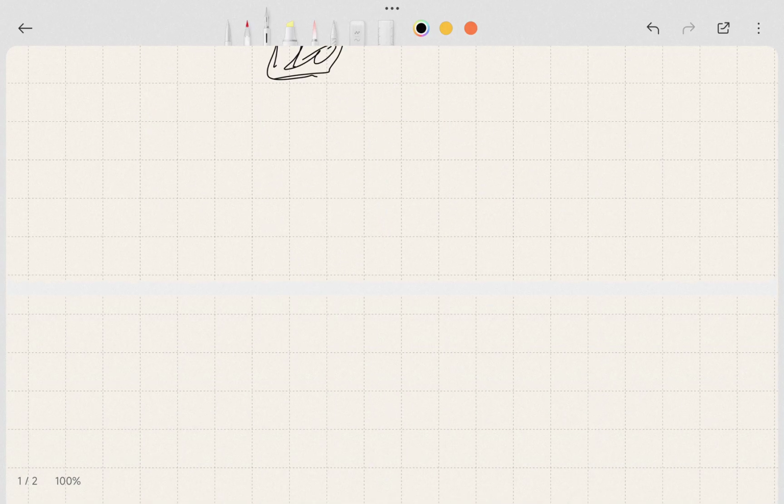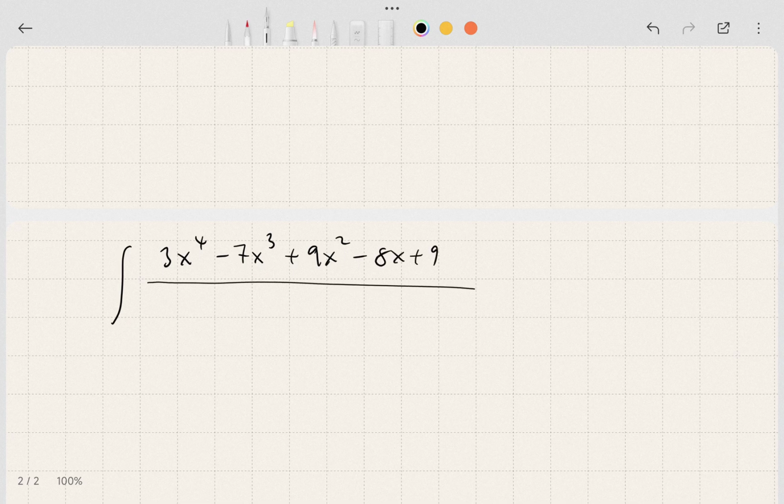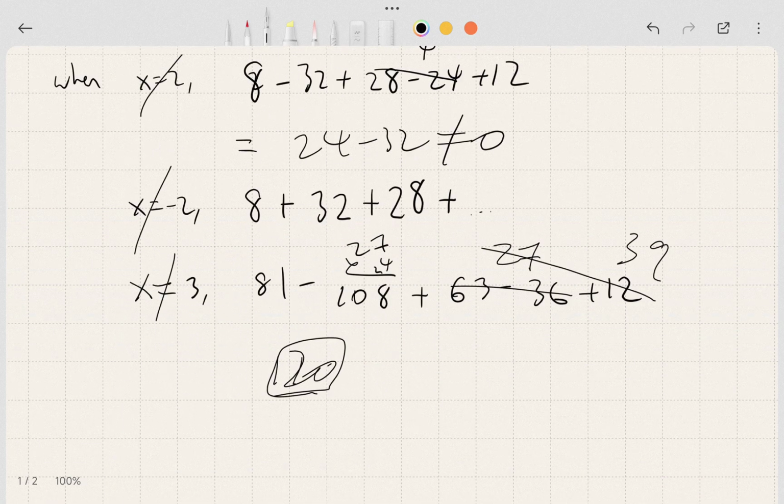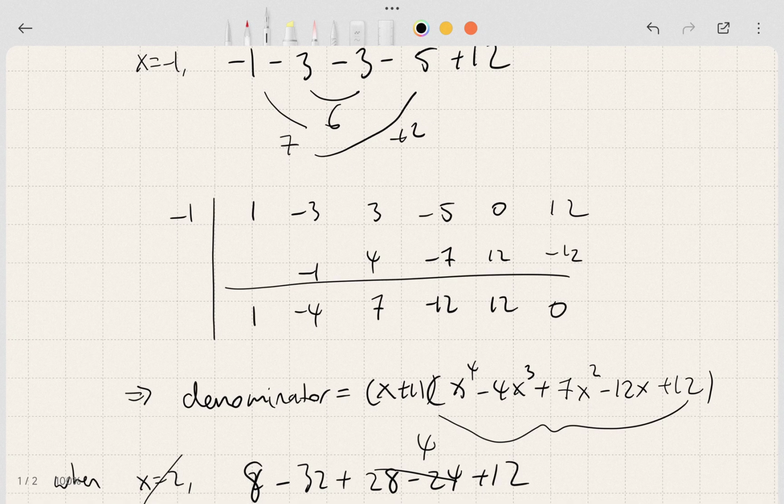So let's rewrite the integral down here. What we're asked to do is find the integral of, let me see, the numerator is 3x to the power 4 minus 7x cubed plus 9x squared minus 8x plus 9, divided by x plus 1 times, let me actually check if the factors are indeed correct.